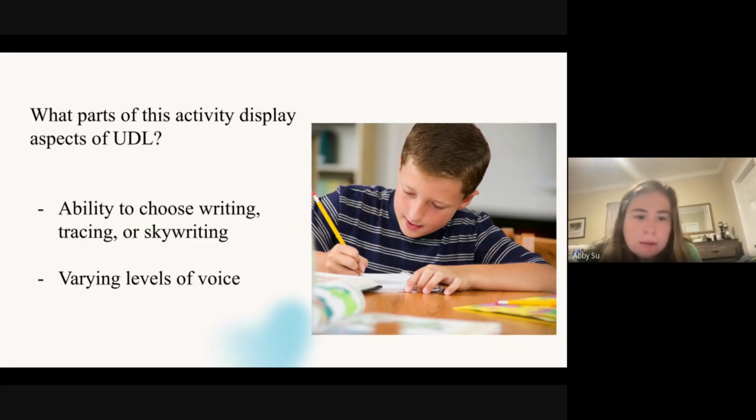When we're talking about these principles of UDL, I think when I was looking at neurodiversity affirming schools and also the principles of UDL outlined by CAST, I would say that both of these fall under multiple means of engagement.